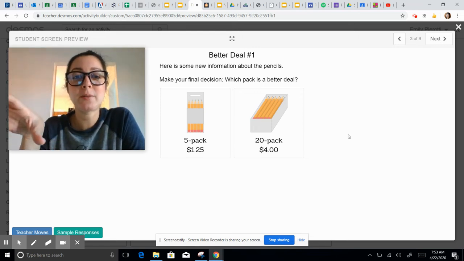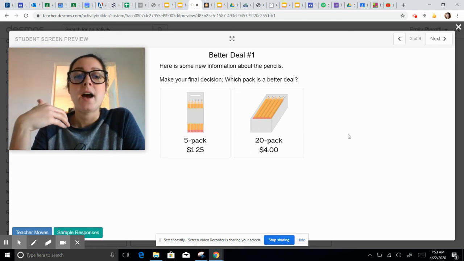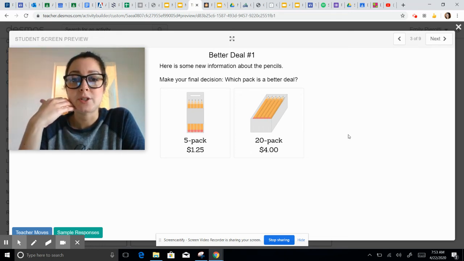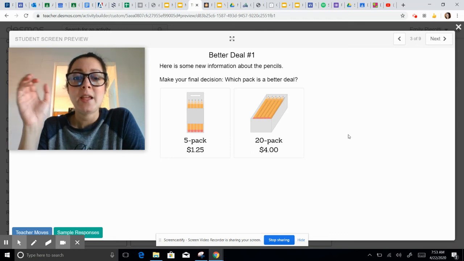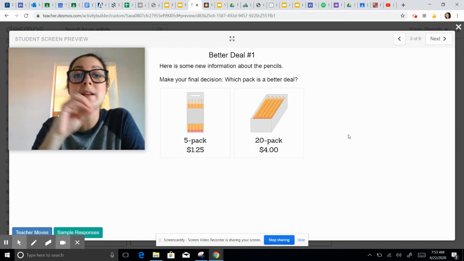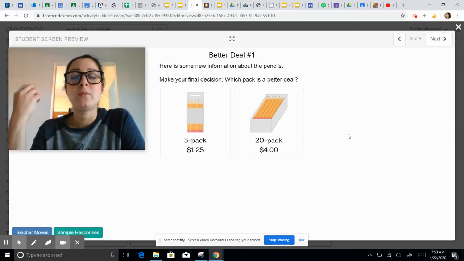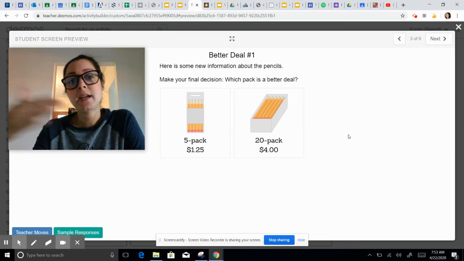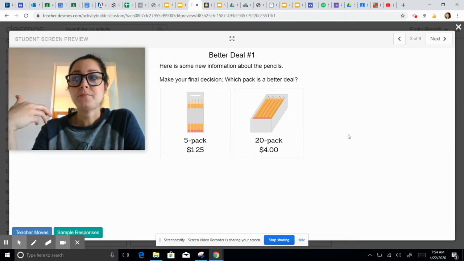Okay, so then better deal number 1. Now they're giving you some more information about the pencils. Make your final decision, which pack is a better deal. In this case, you might want to think about what we did with the run activity. With the run activity, you did an activity like running, walking, skipping, whatever, across 40 feet, and you got timed.